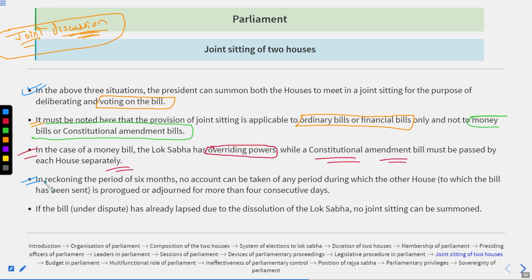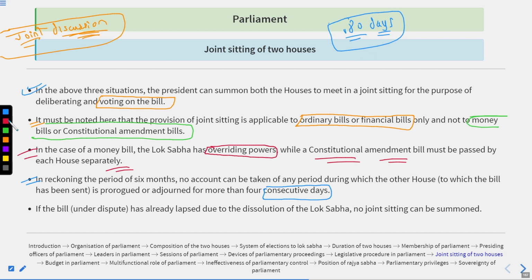In reckoning the period of 6 months, no account can be taken of any period during which the house to which the bill has been sent is prorogued or adjourned for more than 4 consecutive days. If we take the tenure of 6 months, how much time is it? It is a total of 180 days. So any house can take the bill up to 180 days only.